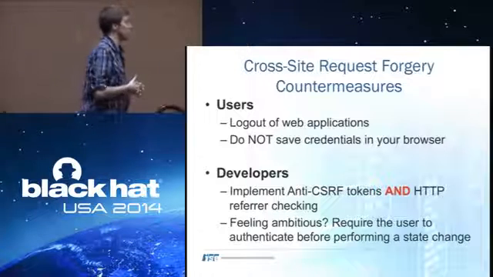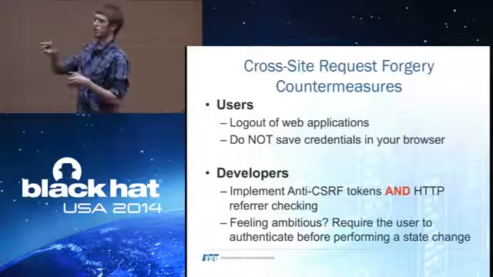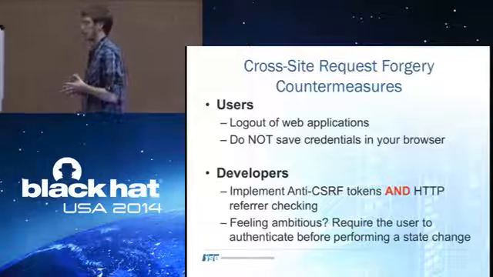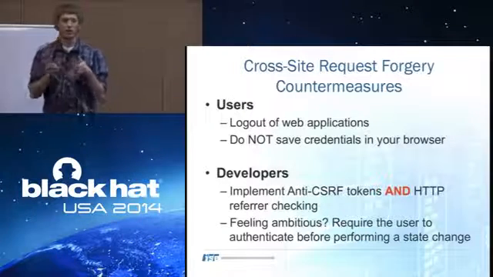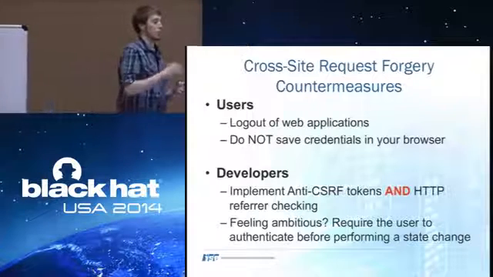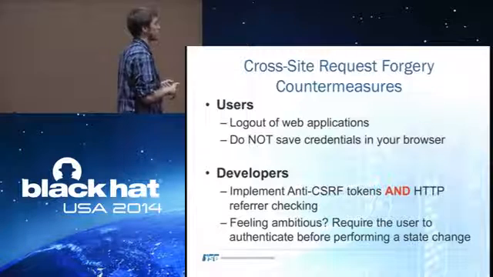And then HTTP referrer checking. Essentially what this does is check the referrer of the request coming from a client, and if that referrer is outside of the origin of the current application, it'll deny the request. Now, in the past, there have been ways to bypass this.